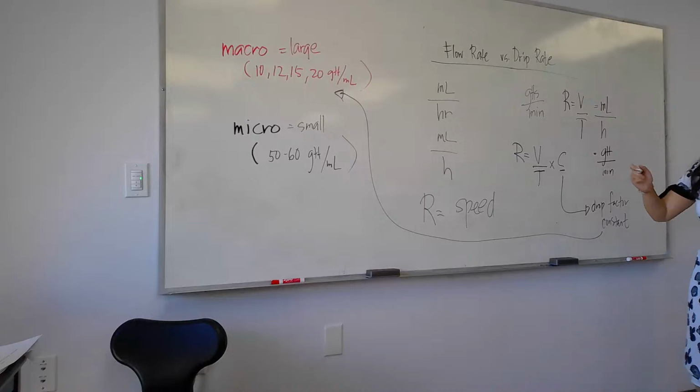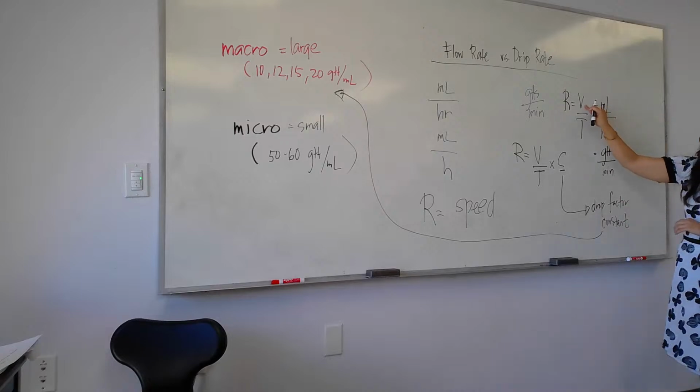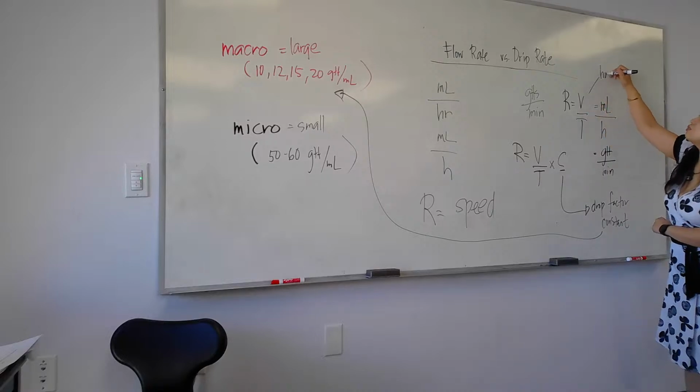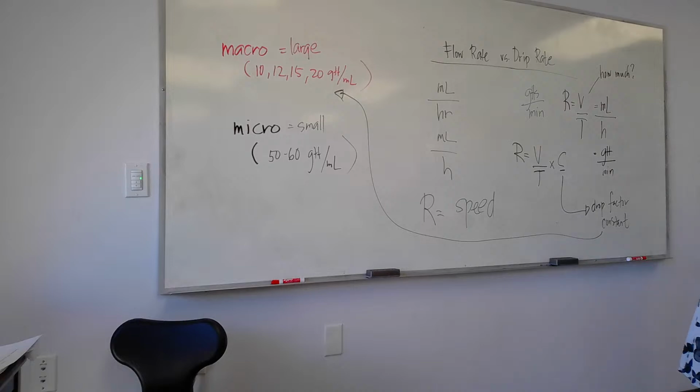So if it's speed, what is the question? What is the flow rate, right? What is the drip rate? But sometimes the X is V. If the X is V, what is that? The question will be, how much do you need to infuse?